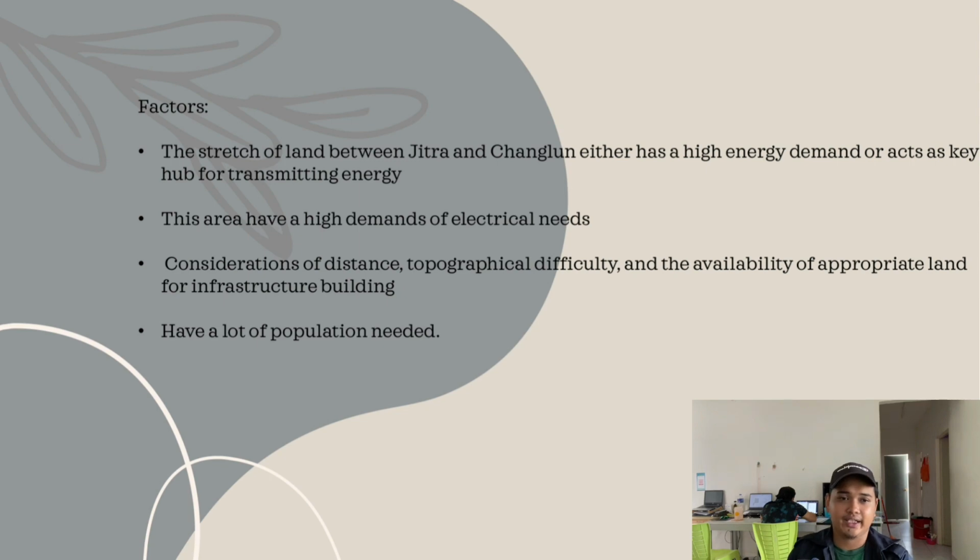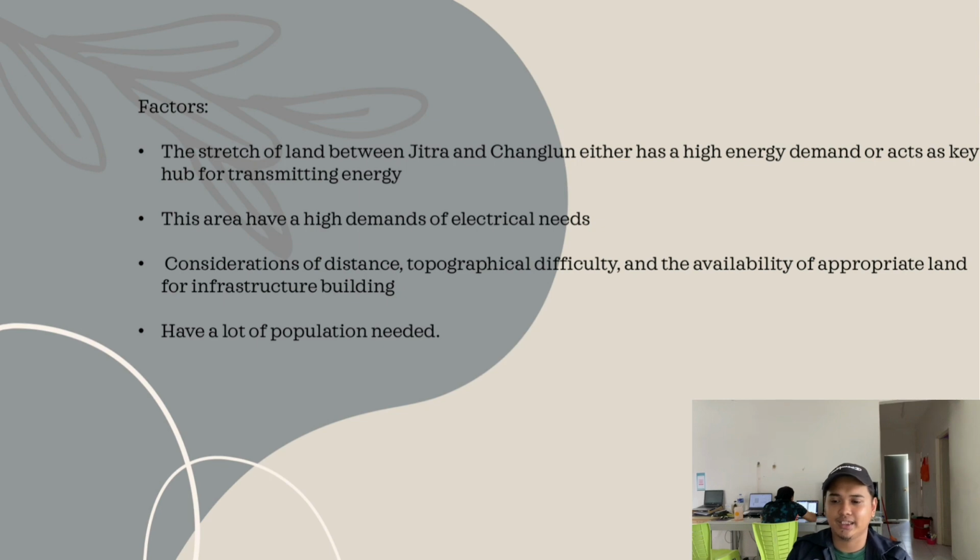The reason we chose this area is that the stretch of land between Jitra and Chandun either has a high energy demand or acts as a key hub for transmitting energy.